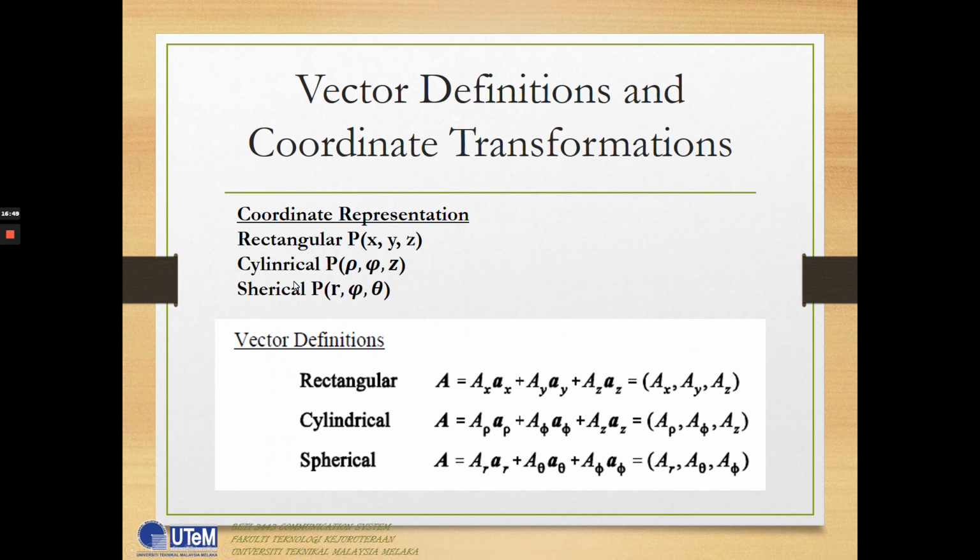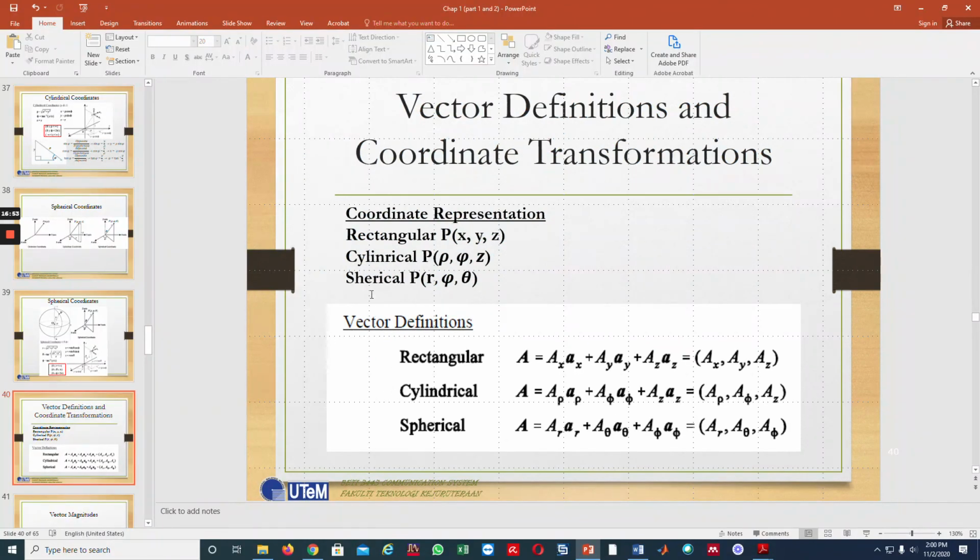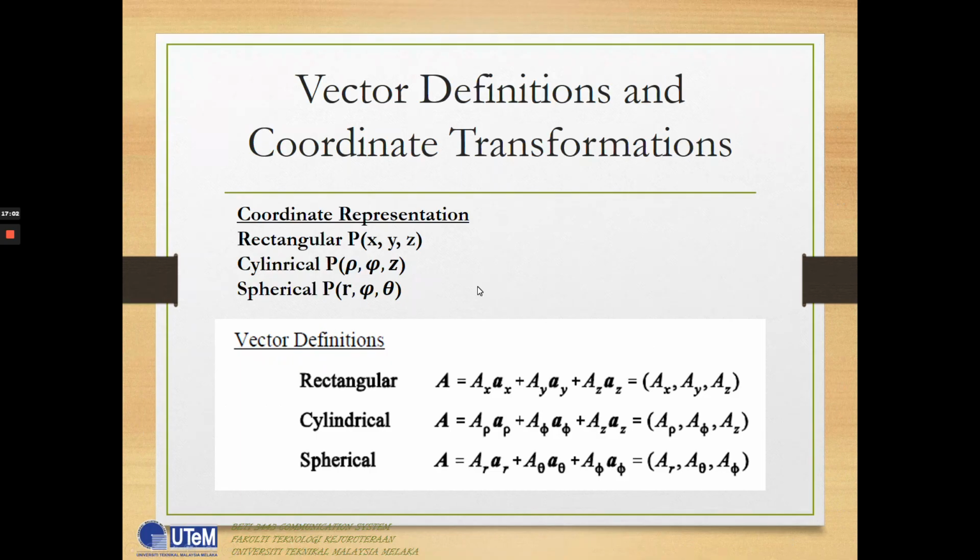So in cylindrical we have rho, phi, and Z, and in spherical we have R, phi, and theta. This is the representation so far. We know it already now.